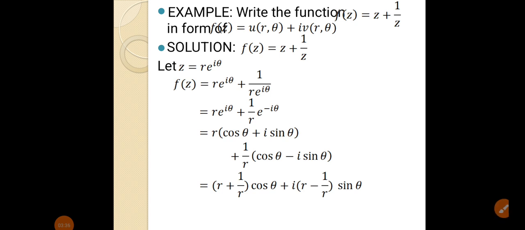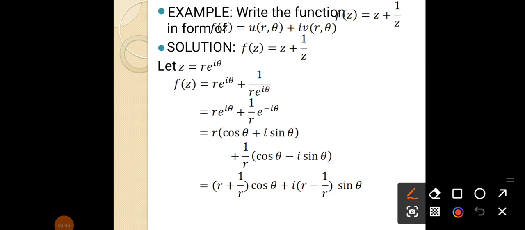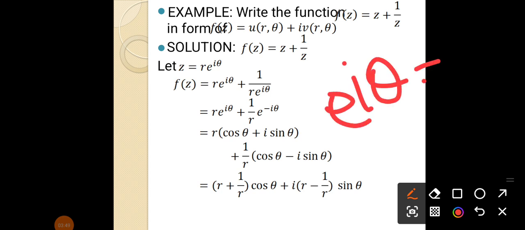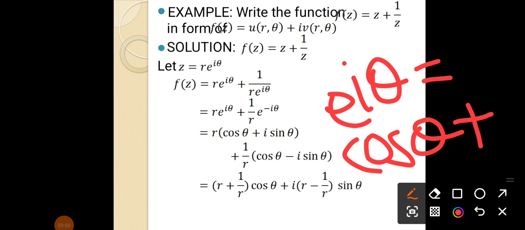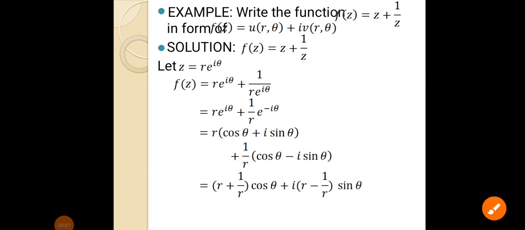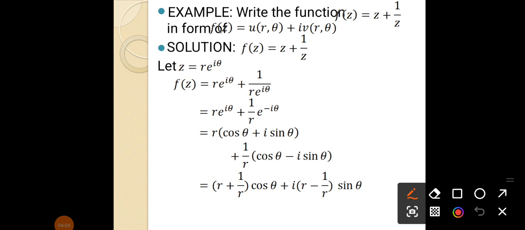Next, we are going to use Euler's formula.